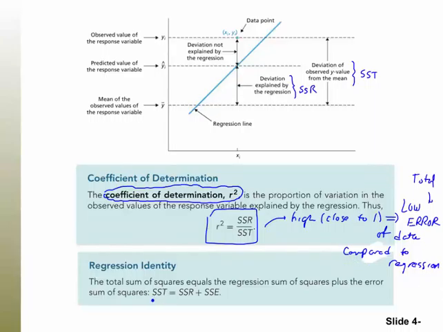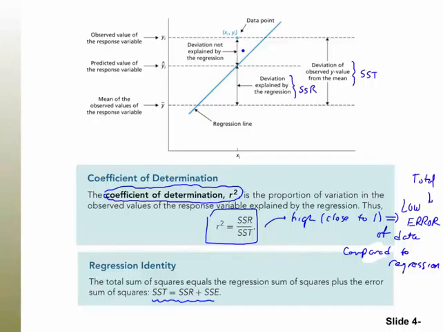We already knew this from the previous page, but this is the key new point: if SSR is a large fraction of SST, that means SSE is a small fraction of SST, meaning the total sum of error is low.